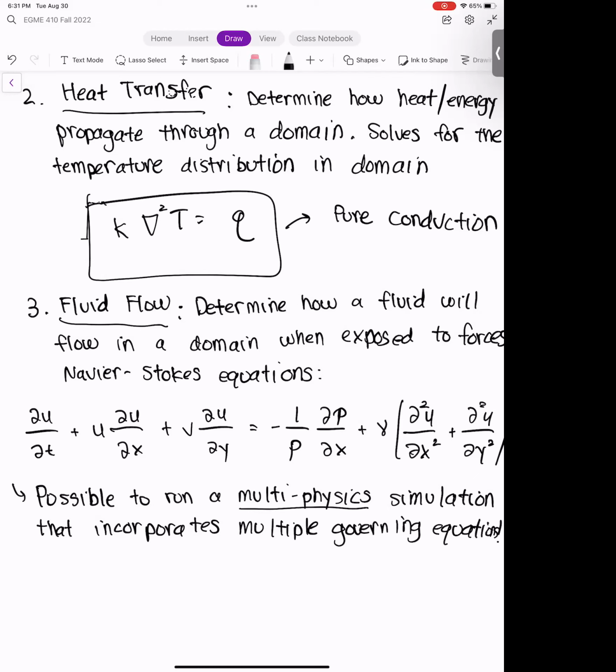In fact, a lot of the more sophisticated simulations out there are multi-physics. They don't just stick with just one.